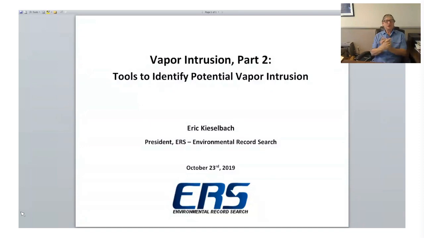So if you order a really good radius search report like ours, you're going to have some vapor stuff in it. You're also going to be able to see air permits. You're going to see people who use hazardous materials and what kinds of chemicals they are. You're also going to see reports on automotive and manufacturing they use as solvents. All those things could potentially cause vapor intrusion.